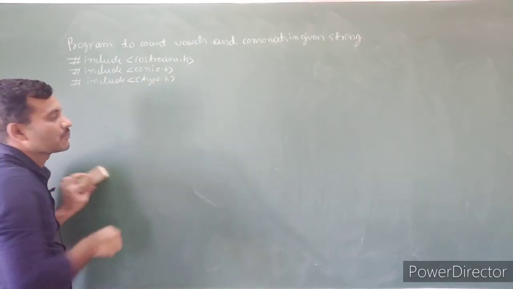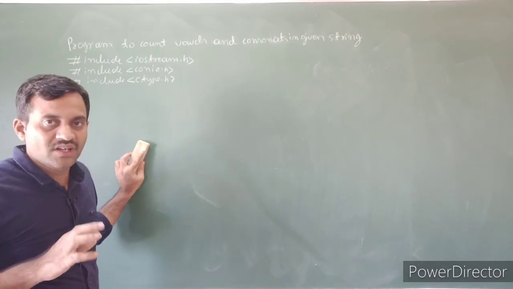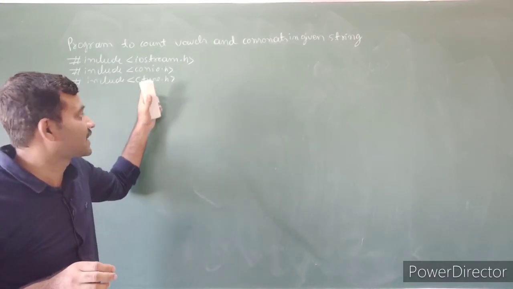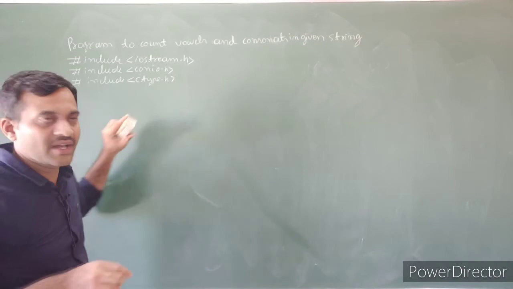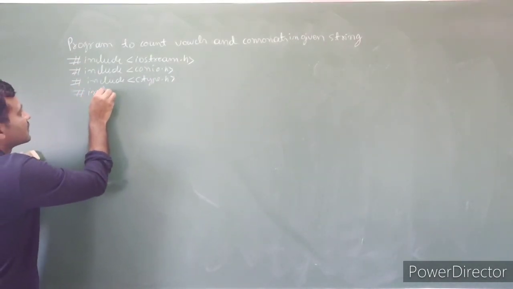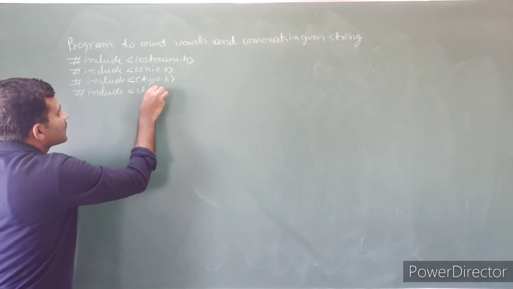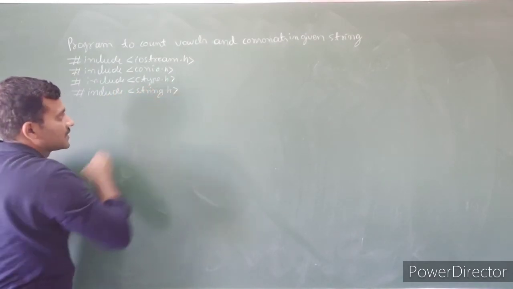Here we use ctype because we use character handling functions. All character handling functions belong to the header file ctype.h. Then also include string.h. See the header files required: string.h.